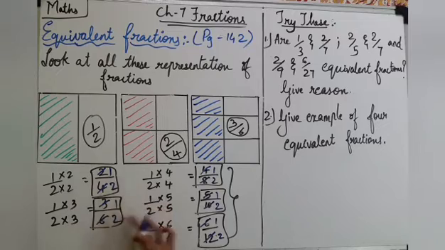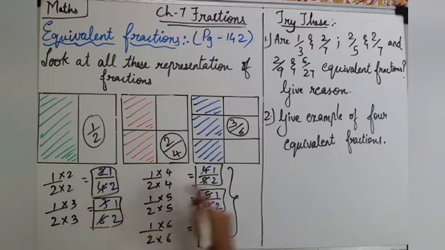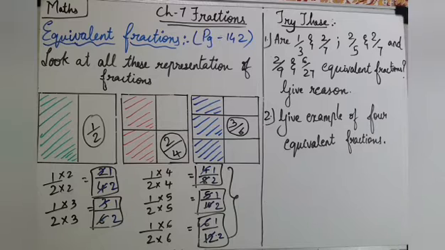See, the answers are coming the same. Means this 2 upon 4, 3 upon 6, 4 upon 8, 5 upon 10 and 6 upon 12 are the equivalent fractions. Okay. Hope you have understood till here.